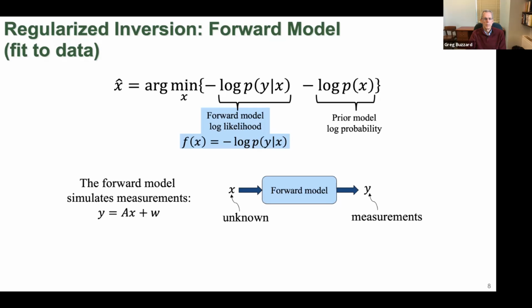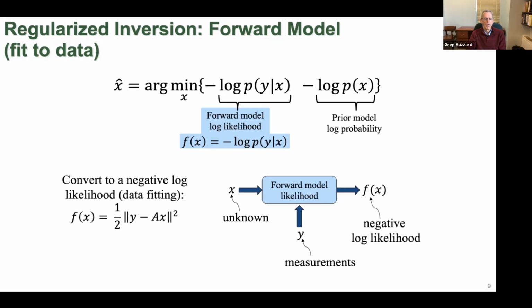Okay, so in this framework, we have our unknown inputs into the forward model, and that gives us simulated measurements back out. We can convert this to a negative log likelihood. So now we get a cost function formulation. In the case when we have Gaussian noise, we can just take least squares estimation.